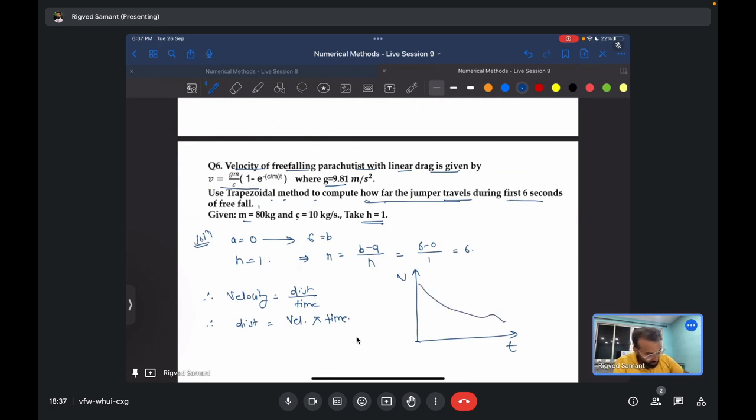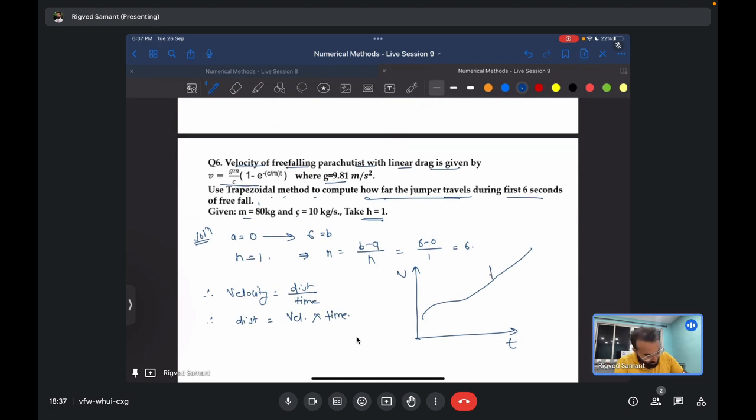So area under the curve means you have to find the integration of this velocity function. I don't know how the function looks, but this is for demonstration purposes, and let's say v is given by this equation here. So we have to find the integration.